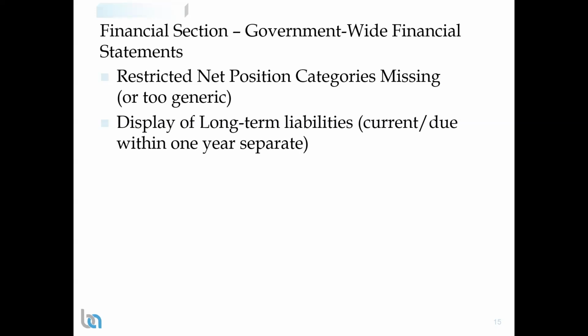Some agencies generally just have restricted for cap projects, restricted for pension, restricted for debt service, restricted for special purposes, and then the special purposes is quite large. So that's what they want to see more detail, or if it's too much detail to put on the face of the financial statements, then you may just want to have the disclosure instead.